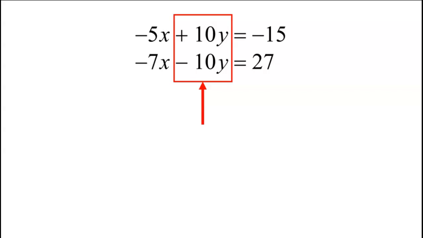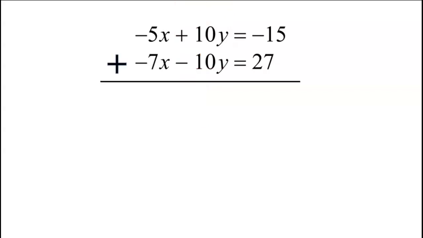What this means is we can eliminate the y variable from the equations simply by adding the two equations together. When I do this, negative 5x plus negative 7x will give me negative 12x. The positive 10y and negative 10y added together cancel out, and negative 15 plus 27 is positive 12.